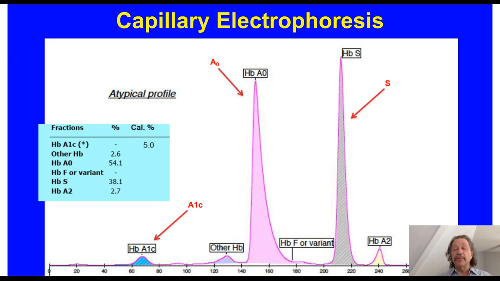This shows an example of capillary electrophoresis in an individual heterozygous for hemoglobin S. So you can see the S peak in gray and the A peak, A0, in pink. So you can clearly identify the variant.